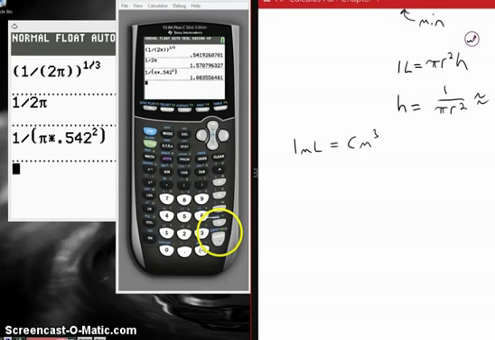Like Maddie was saying, we need to multiply both sides by 1,000, right? So we're going to get 1,000 milliliters equals 1,000 cubic centimeters. And so this is 1 liter equals 1,000 cubic centimeters.